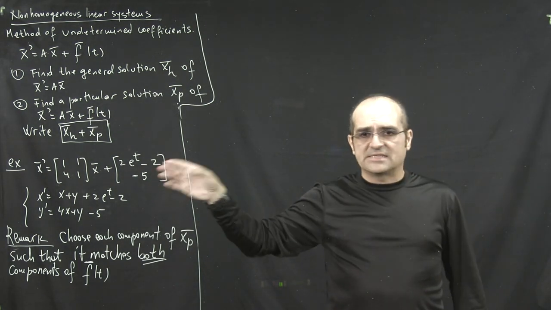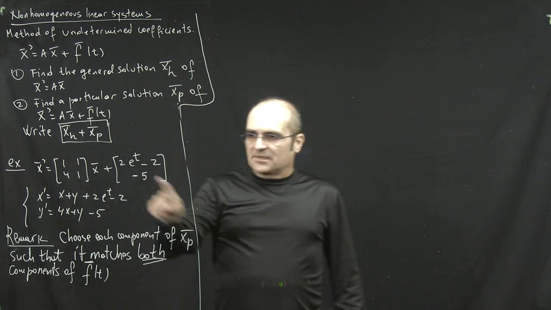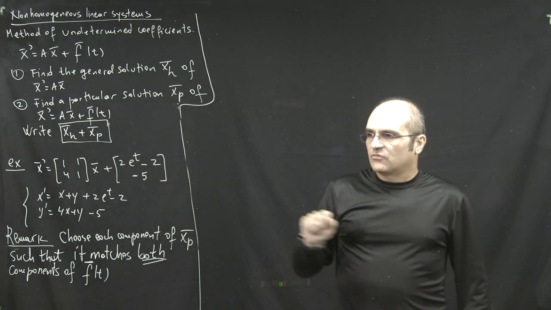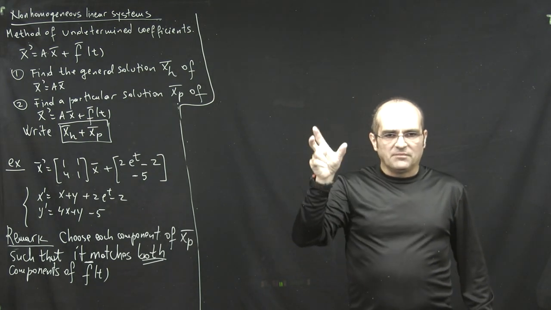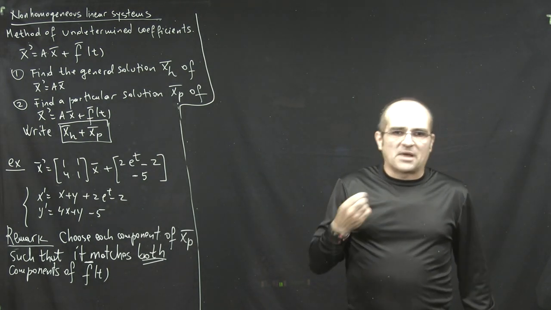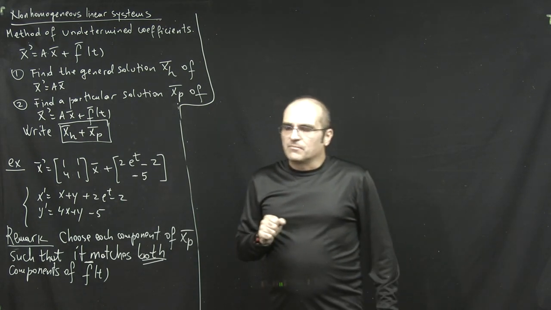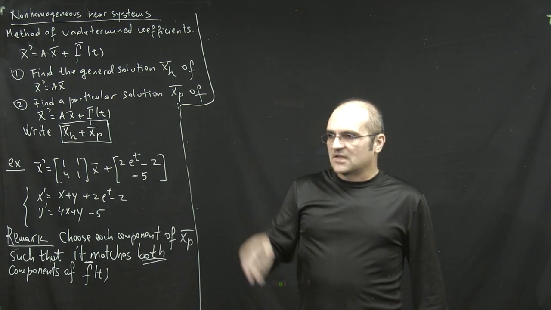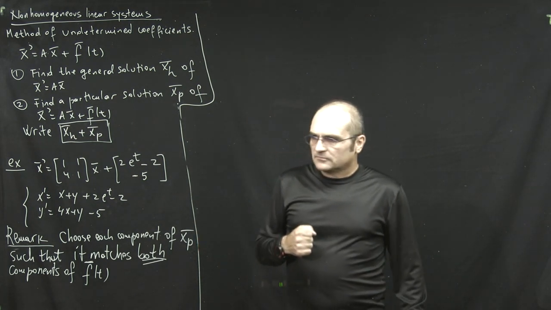So I'm going to start with an example here, and the method of undetermined coefficients, remember, works only if the f bar of t is made of those functions listed in the formula sheet in that table: exponentials, polynomials, sine and cosine combinations, constants, and so on. Those are the types of functions that are similar if you differentiate or integrate them.